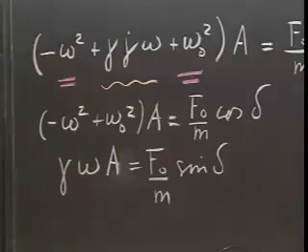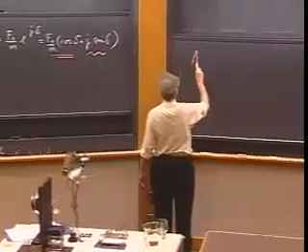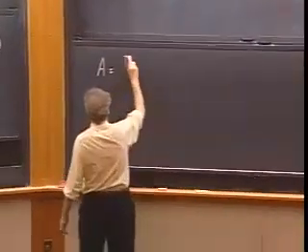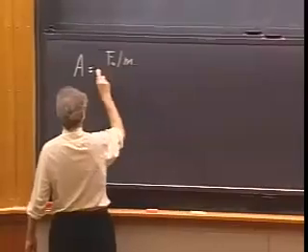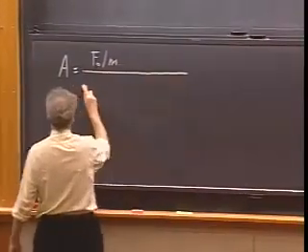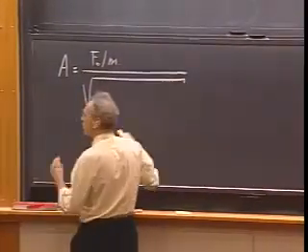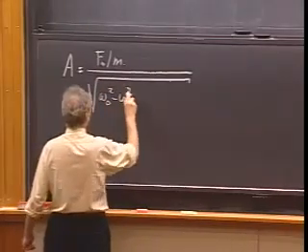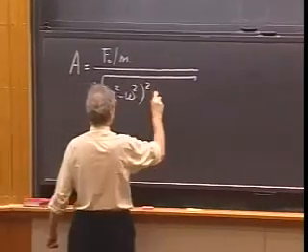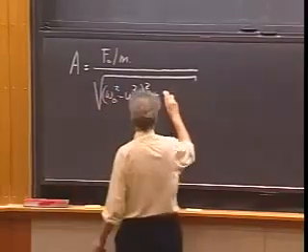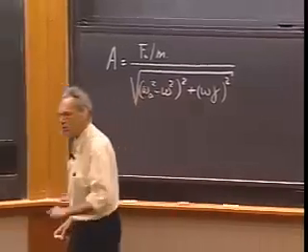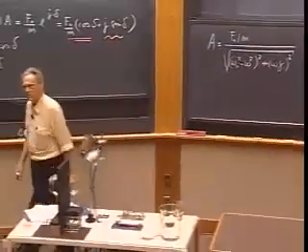You add them up, that's 1. And so that immediately gives you what A is. So A is going to be f0 divided by m upstairs, and downstairs you're going to get omega 0 squared minus omega squared, squared, plus omega gamma squared. So this is the amplitude of the object.